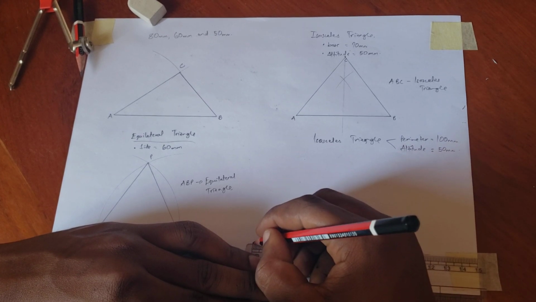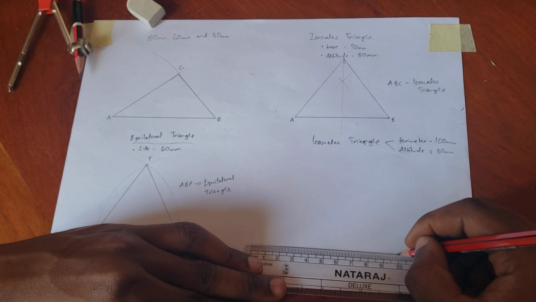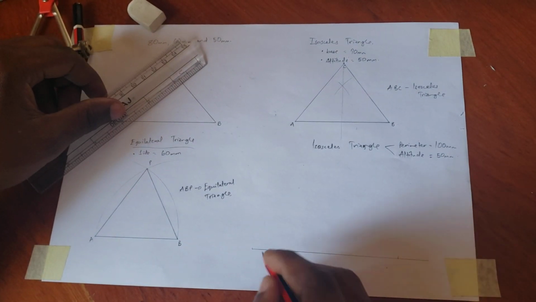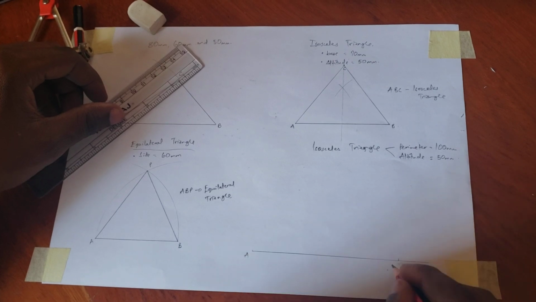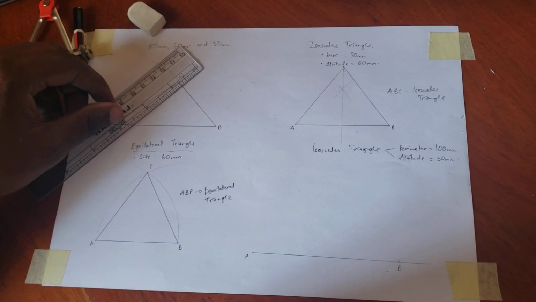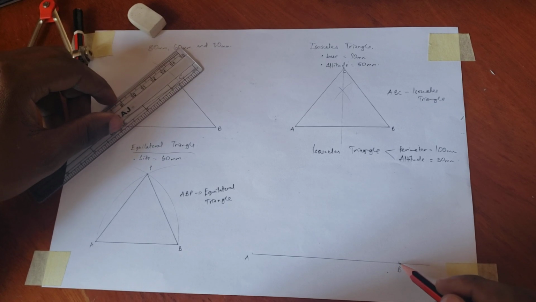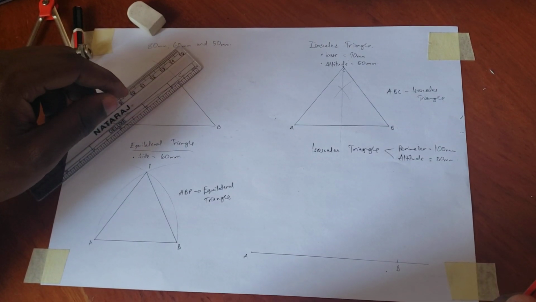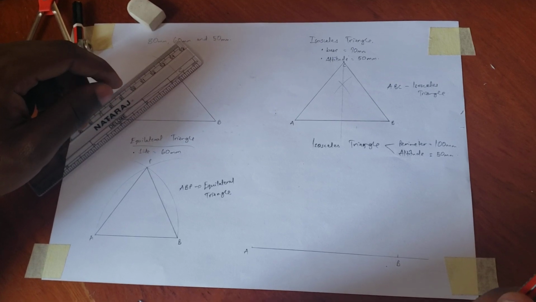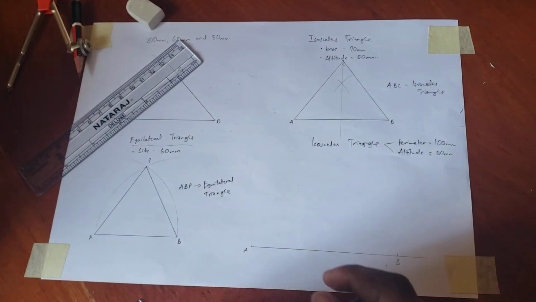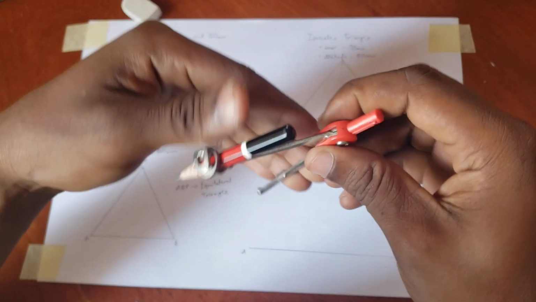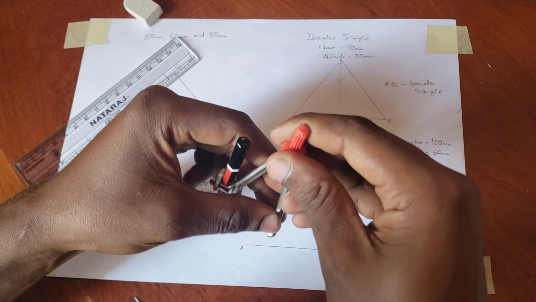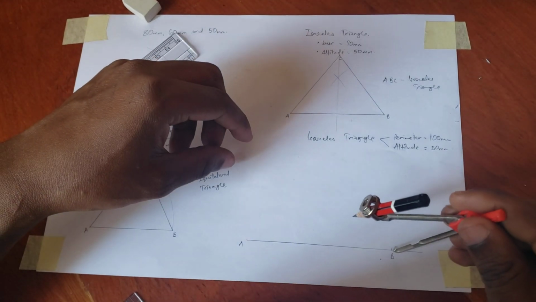Okay, from here to this part in the 100 millimeters, the perimeter, we may name it as point A and B. Okay, from point B, we need to bisect the line. Okay, to bisect, we may draw a line which is a right angle.